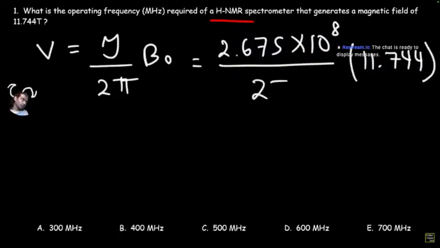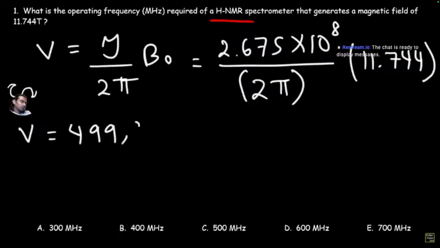And we need to divide it by 2 pi. When typing this in your calculator, make sure to put that in parentheses. So if you type in 2.675 times 10 to the 8, and then multiply that by 11.744, and then divide that by 2 pi in parentheses, you should get this answer. 500. At least that's what my calculator gave me.